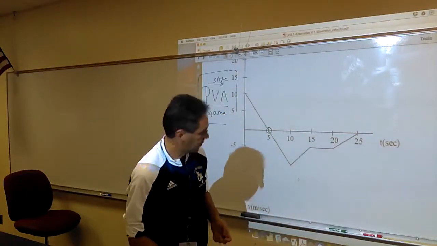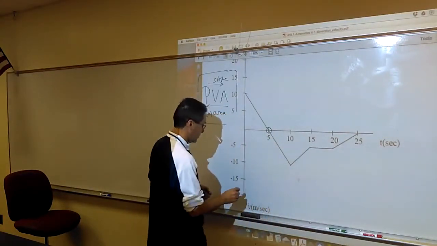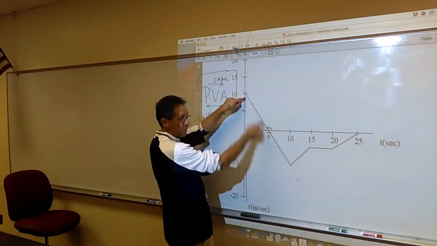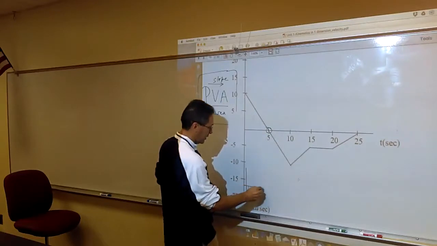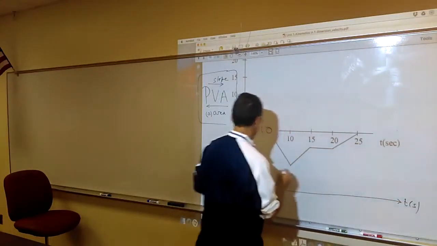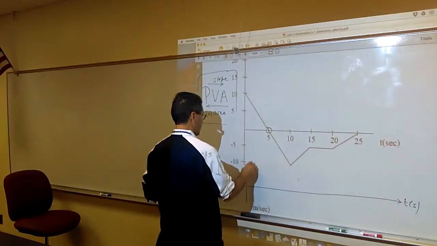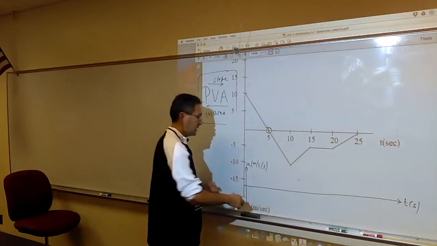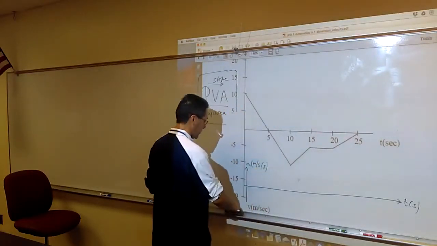Okay? Now we need to make an acceleration time graph. I see some of the slopes are negative, so I have to allow for that. And be careful, not everything is in meters all the time, not everything is in seconds, so you have to read the problem carefully.